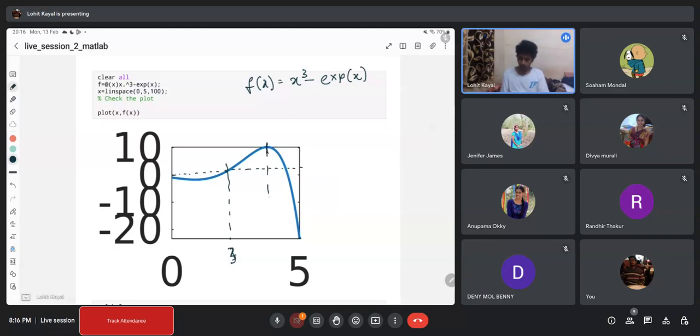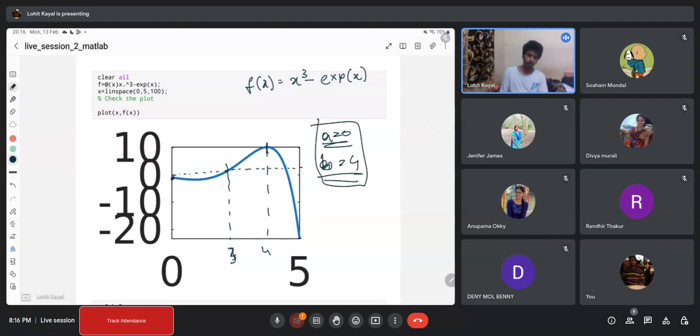Suppose that this is at 4, and at 0 it is negative. So these two are my two good initial guesses, because for a equal to 0 this value is negative, and for b equal to 4 this value is positive. So this is my starting point, from where I will start my coding.